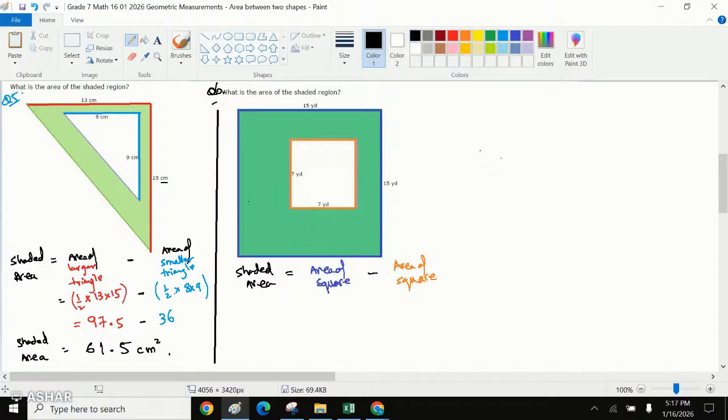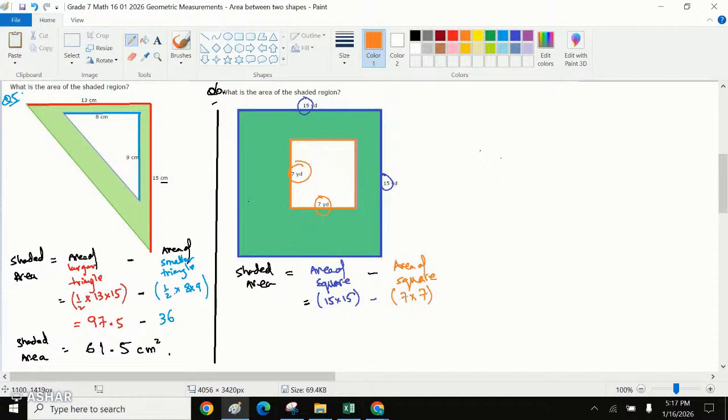So the larger area would be 15 multiplied by 15, because both the lengths have to have the same value, because that is the property of a square. This would be 7 by 7.